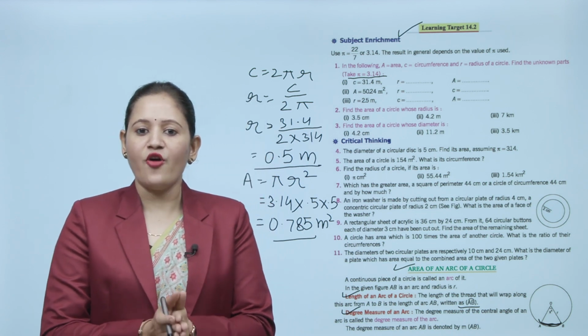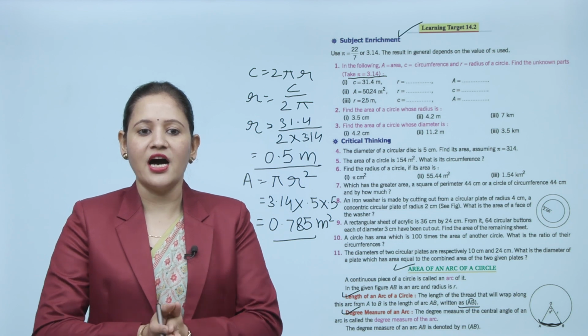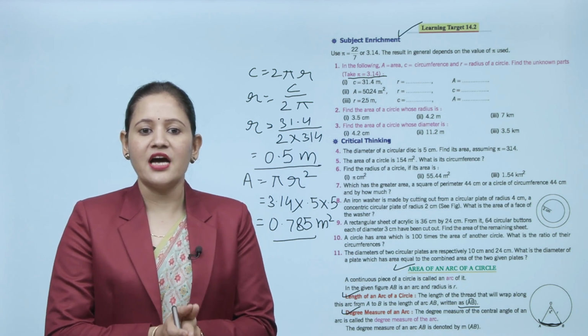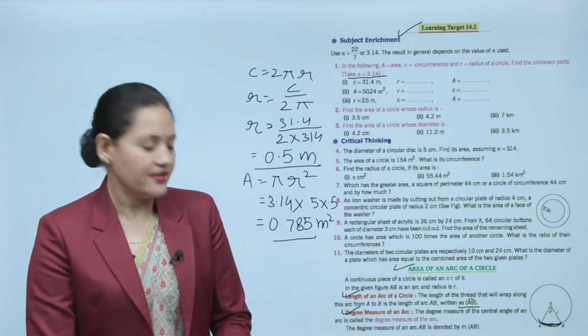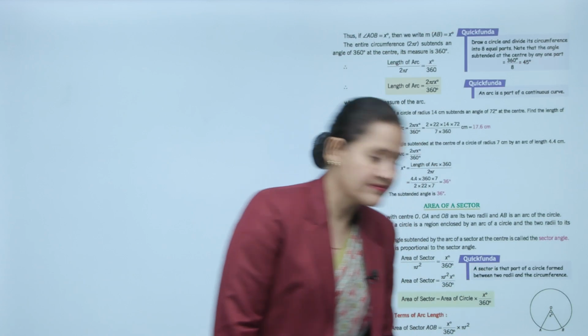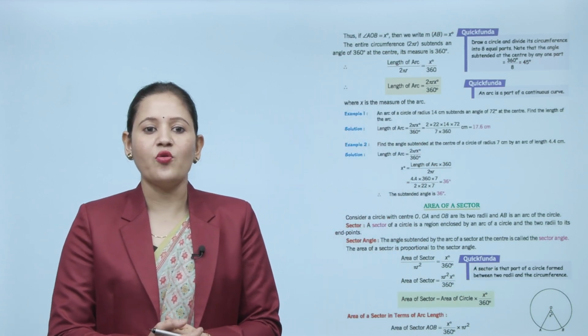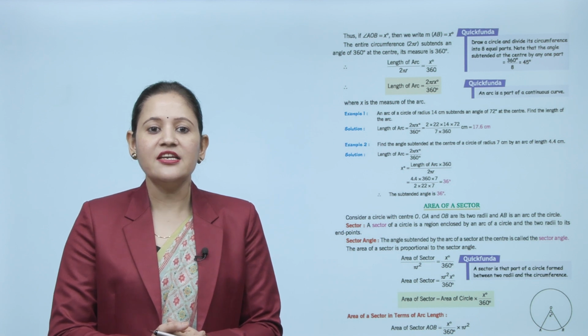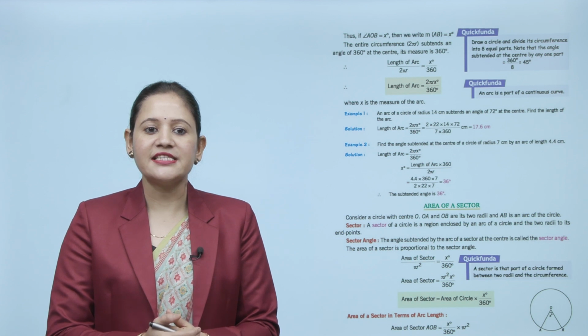Next, degree measure of an arc. The degree measure of the central angle of an arc is called the degree measure of an arc. The degree measure of an arc AB is denoted by M of AB. Thus, if angle AOB is x degree, then we write measure of arc AB equals x degree.